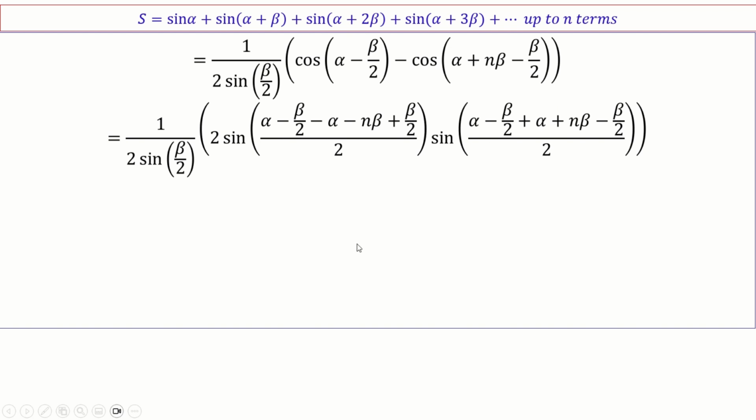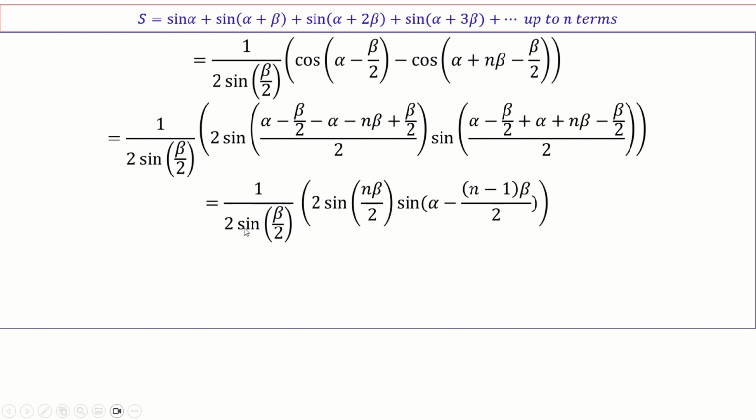Now, if I simplify this, what I will get is 1 by 2 sine beta by 2 as is, then 2 sine n beta by 2, and sine of alpha plus (n minus 1) beta by 2. So this is nothing but, if I bring it out, sine n beta by 2 divided by sine beta by 2, times sine of alpha plus (n minus 1) beta by 2. This is the proof of the above sum.